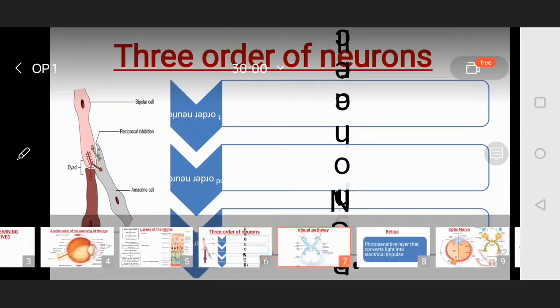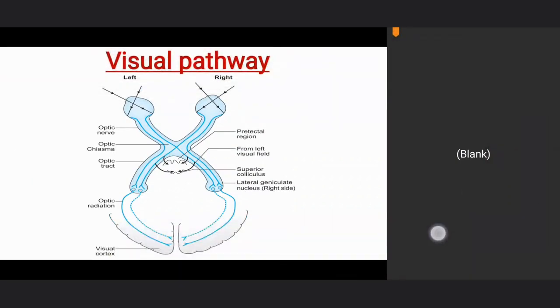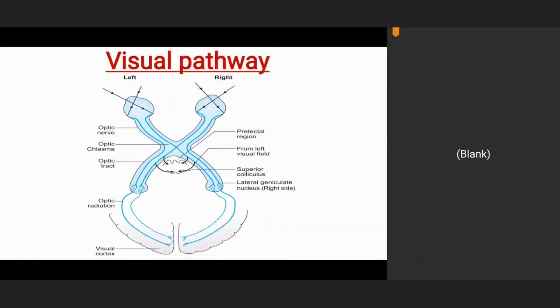Now, when you see the visual pathway clearly, this pathway consists of, look at all the structures of the pathway: the eyeball, optic nerve, optic chiasm, optic tract, lateral geniculate nucleus of the thalamus, from there optic radiation and visual cortex.